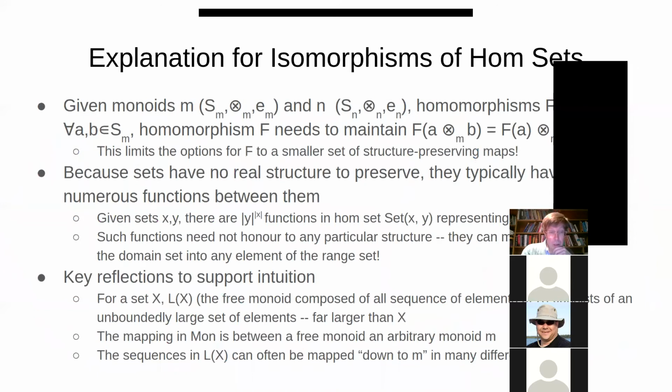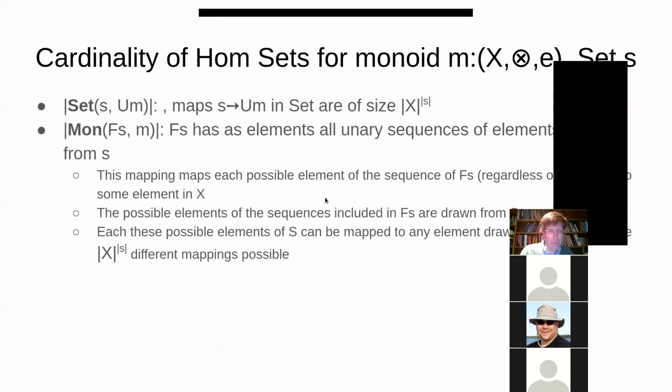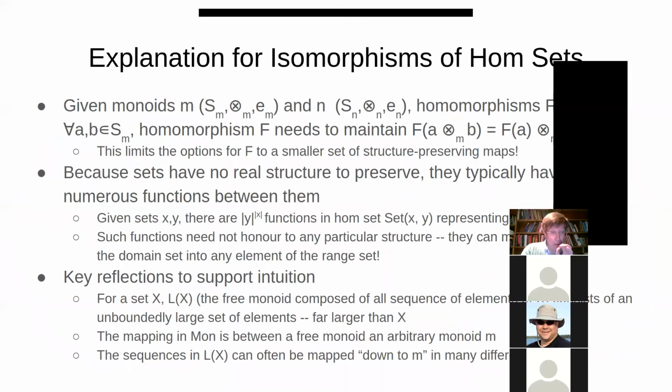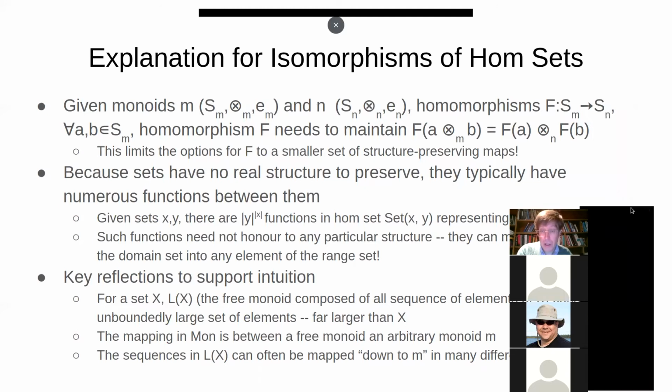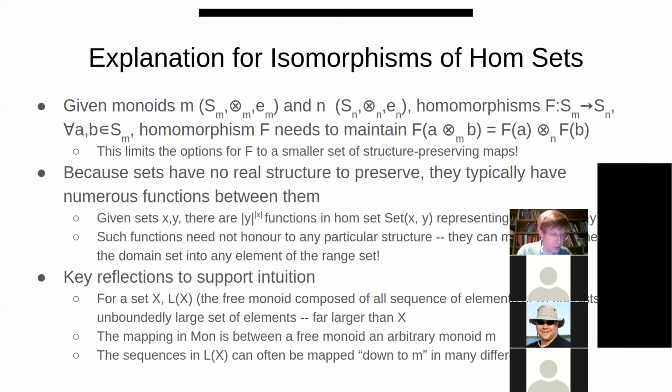Okay, so here's the thing. We said it here, but I'll say it again. Maybe I have a better explanation here. If we have two sets X and Y, suppose you have a set X, and you have a set Y, and you're considering all the functions from X to Y. How many such functions do we have?